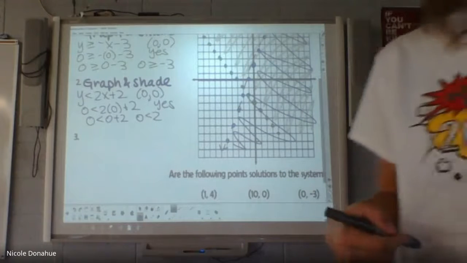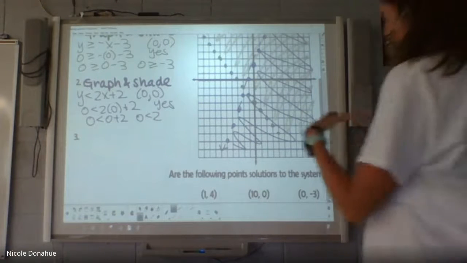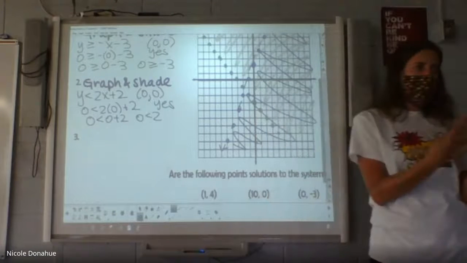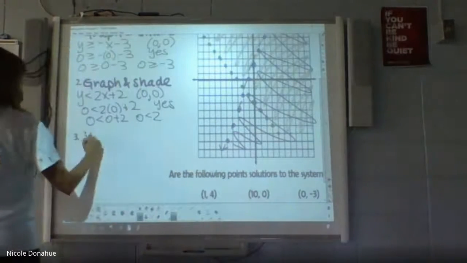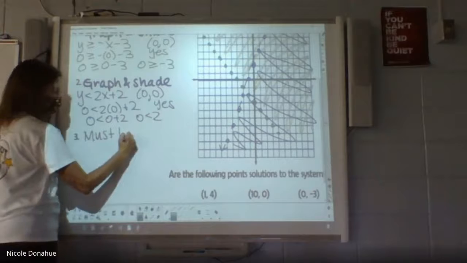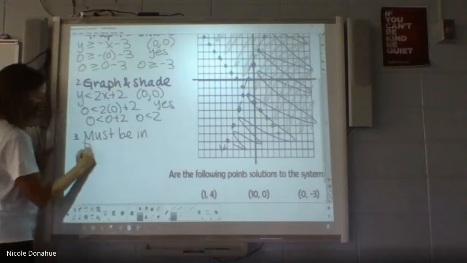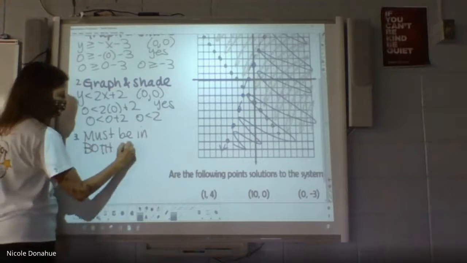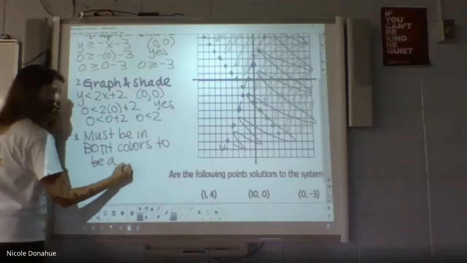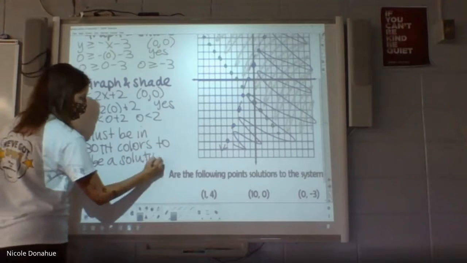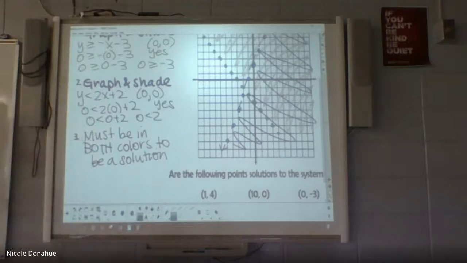So finally, the last step is that it has to be in the overlapping section to be a solution. So we need another color. So it must be in both colors to be a solution.